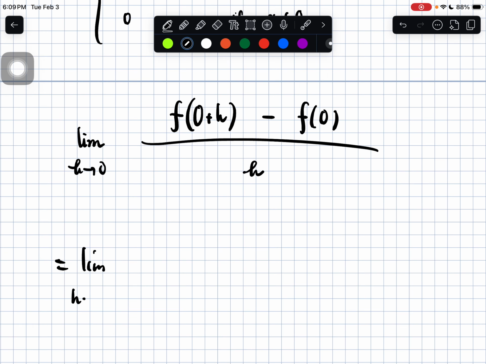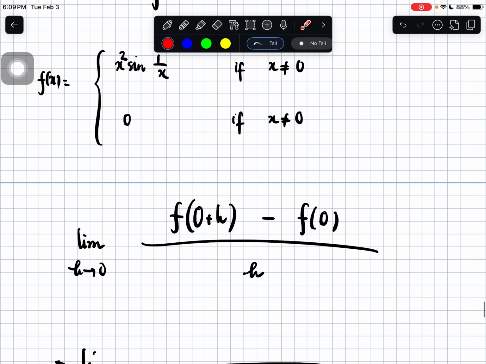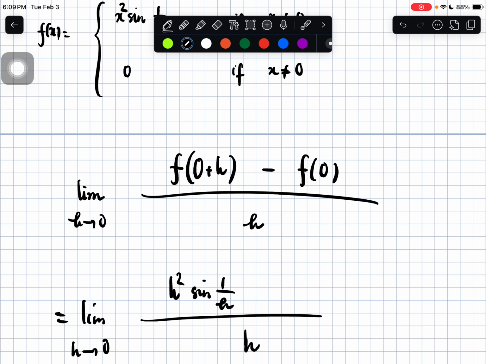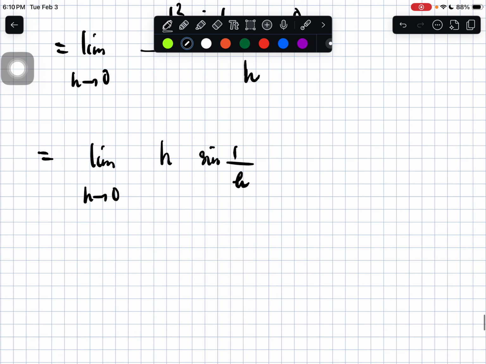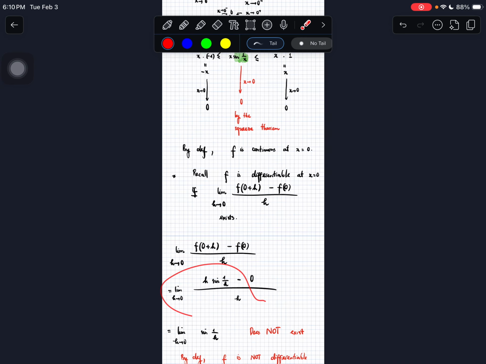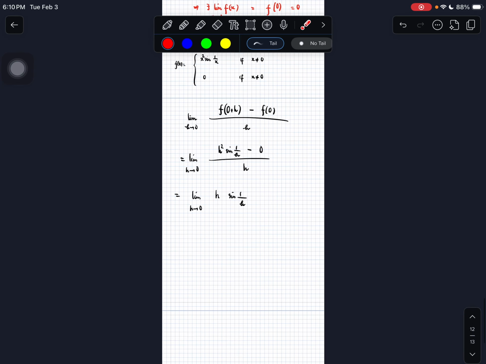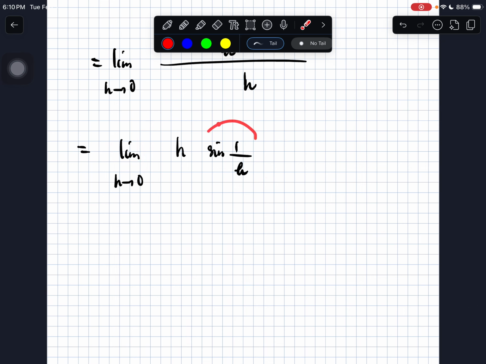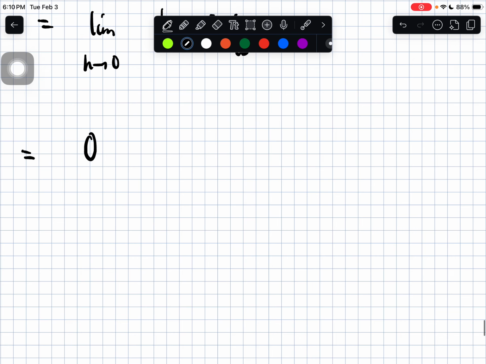So in our case, limit as h tends to 0 of f of h, by definition, h squared sine 1 divided by h, minus f of 0, which is 0, all divided by h. So we just did that limit: h sine 1 divided by h tends to 0 is 0. We just did that computation by the squeeze theorem. This one is equal to 0. So this limit exists and it is 0. So that means that by definition f is differentiable.